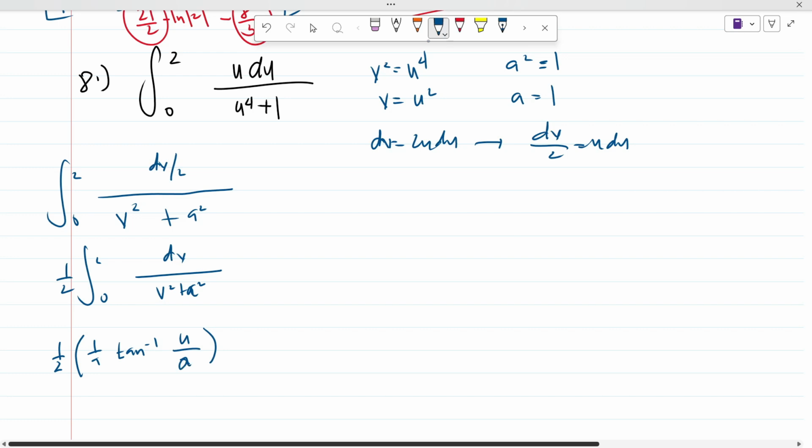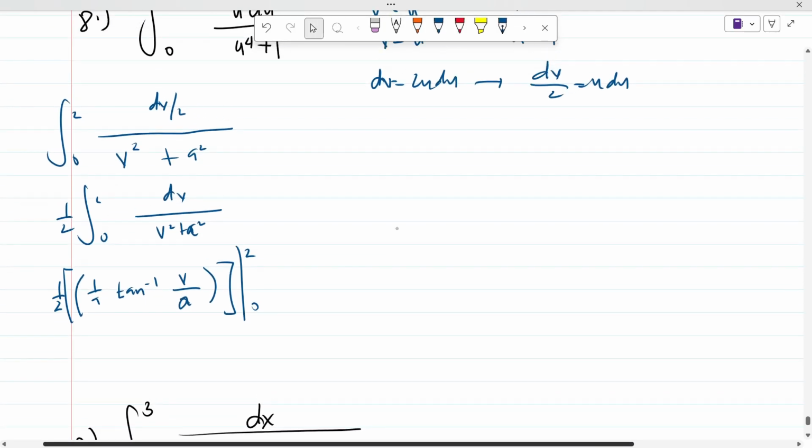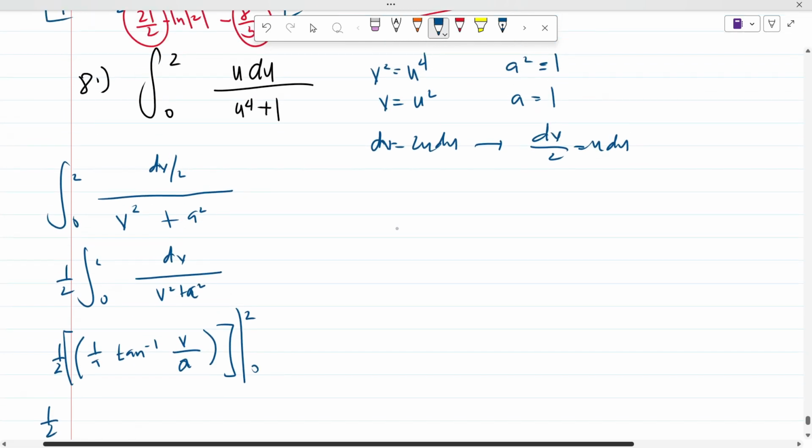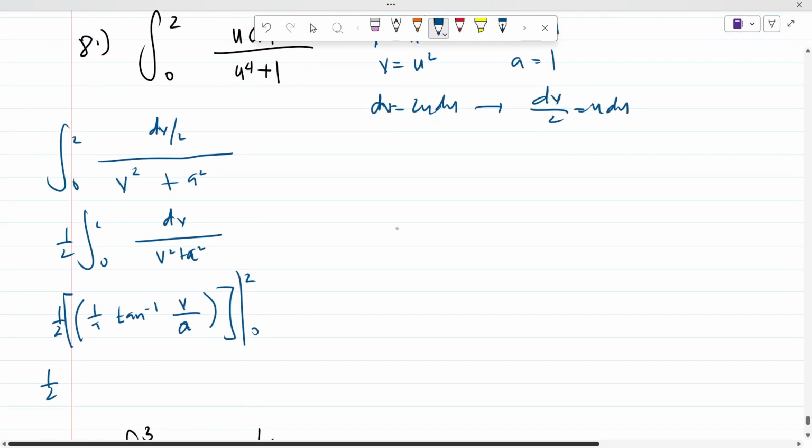Since hindi naman yun yung variable natin, this will be equals to what? V. So, doon ilalagay yung limits niya, guys. 2 to 0, guys. Gets? So, wait. Di sana tayo dito. 1/2. So, 1 over A. What is the value of A, guys? 1 lang din yung A natin, di ba, guys?